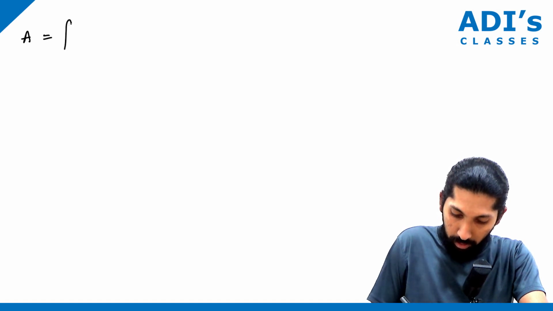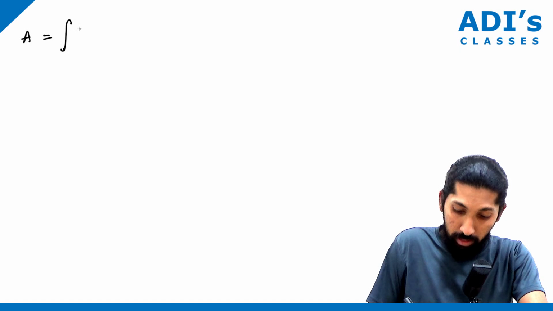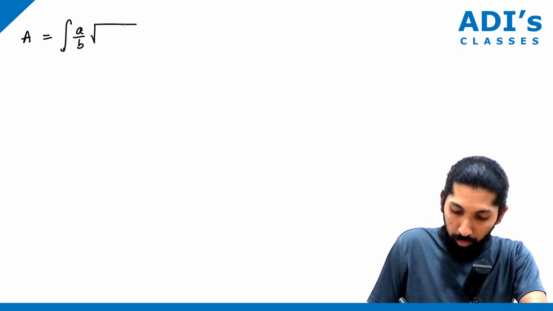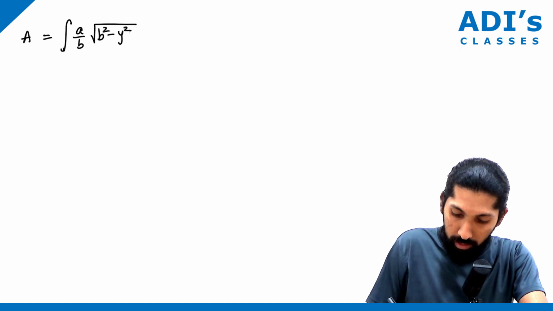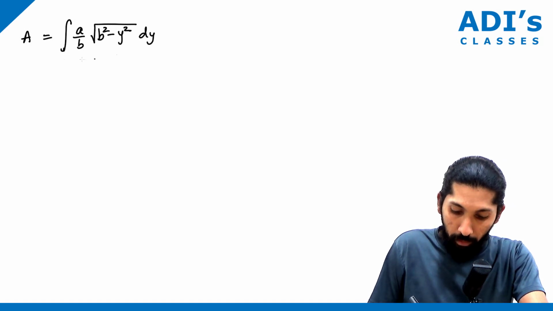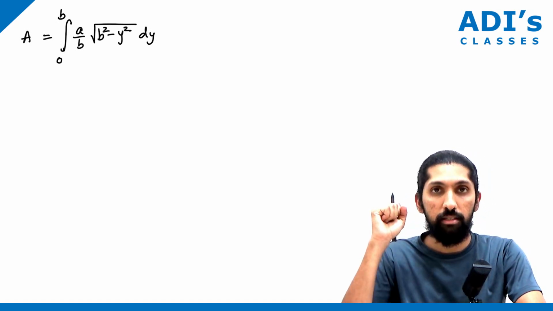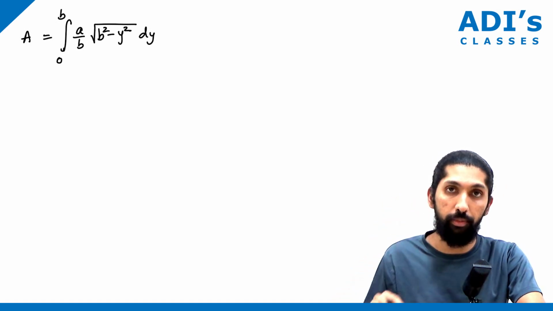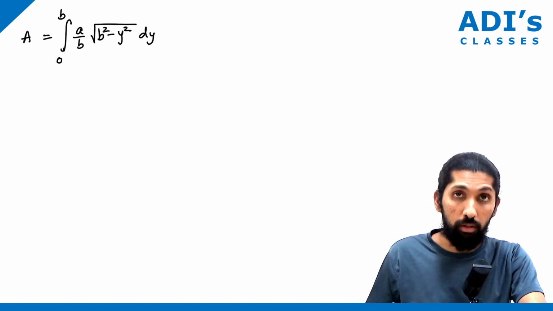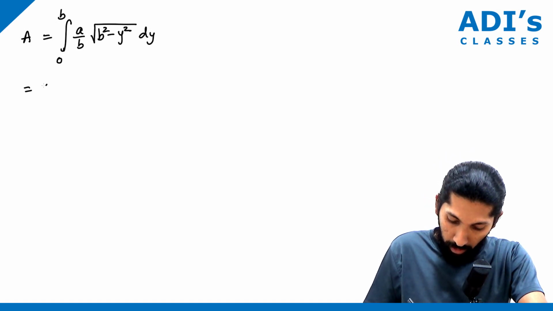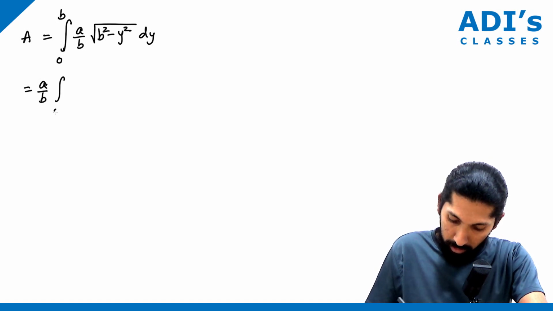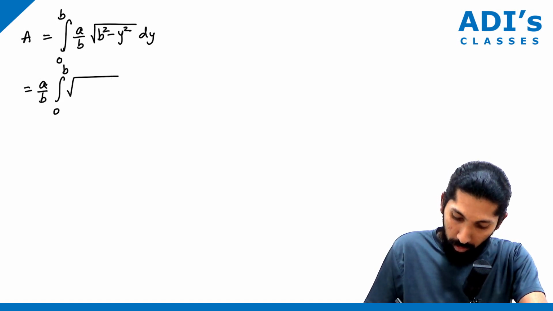Now we have area as the integration of the x value, which is a by b into root of b square minus y square dy from 0 to b, because what is the semi-major axis? b, correct? So from 0 to b. a by b is a constant. So you are going to get a by b, integration from 0 to b, root of b square minus y square dy.